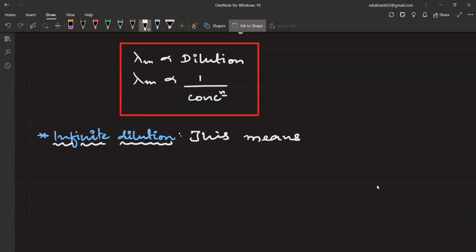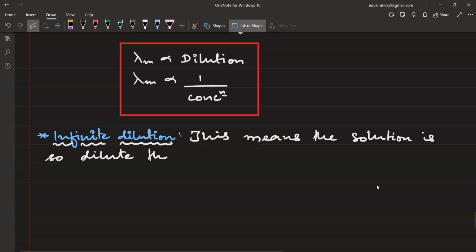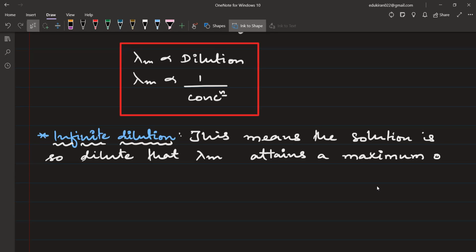This means the solution is so dilute that lambda m, the molar conductance, attains a maximum or limiting value. That is the limit of molar conductance. It cannot go higher than that.